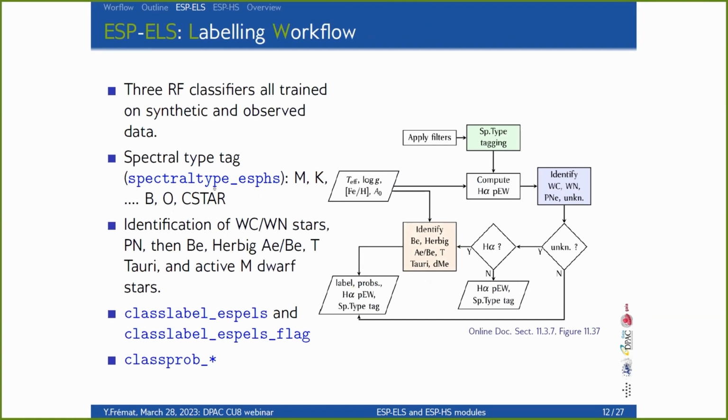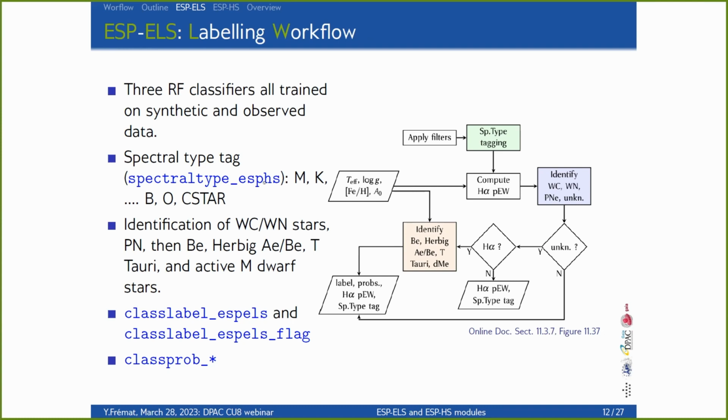So this H alpha equivalent width is part of the ELS labeling. Here I show you the workflow of the ESP-ELS package. The classification of the ELS, the emission line stars, is performed by applying a series of two different random forest classifiers.